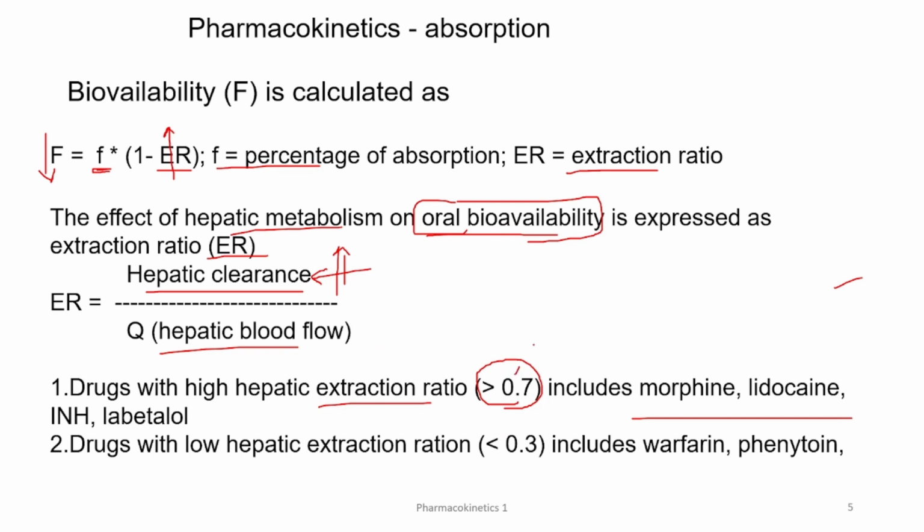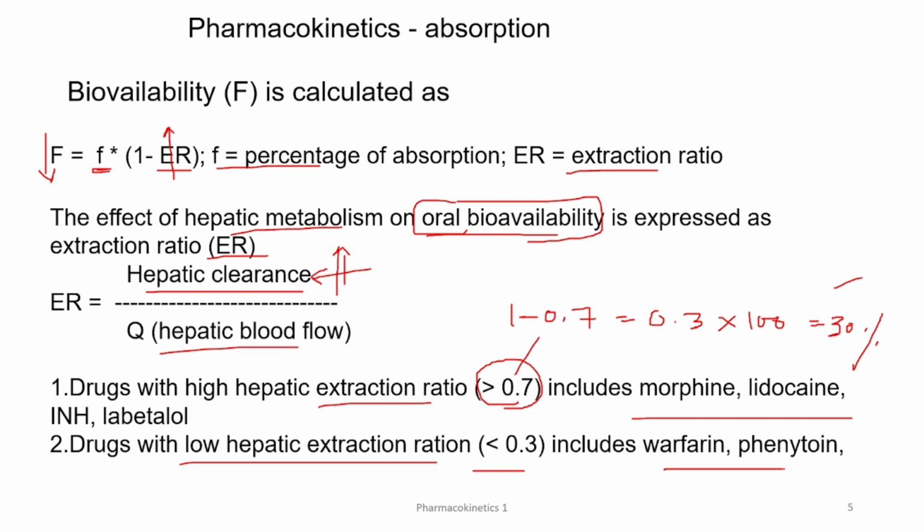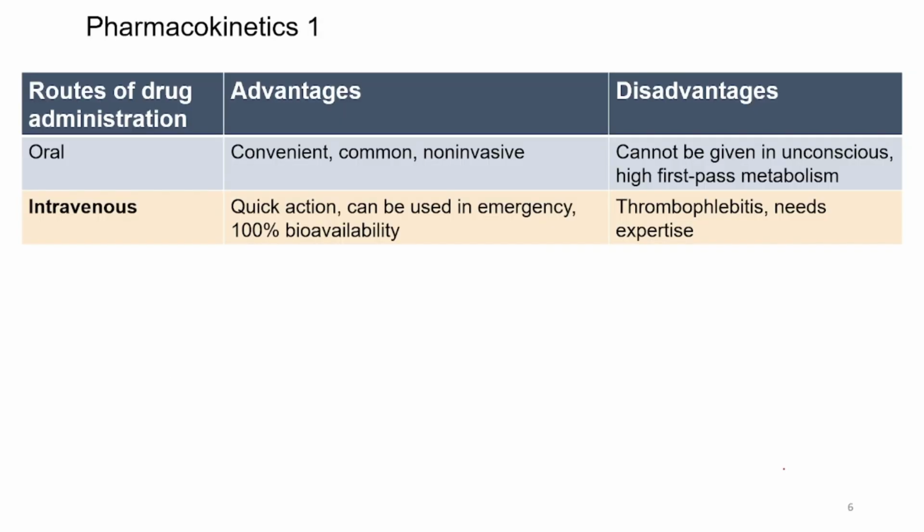As you can see in this case, 1 minus 0.7 is 0.3. So this 0.3 is now multiplied by the percentage absorbed, even if it is 100% absorbed. So only 30% reaches the systemic circulation, and this is the bioavailability. We have some drugs which have low extraction ratio like warfarin and phenytoin, which will definitely reach a high concentration.